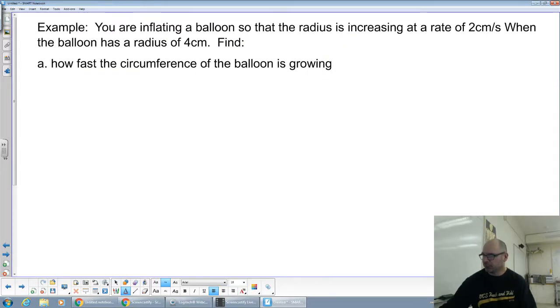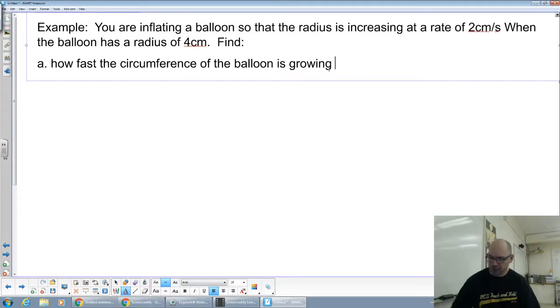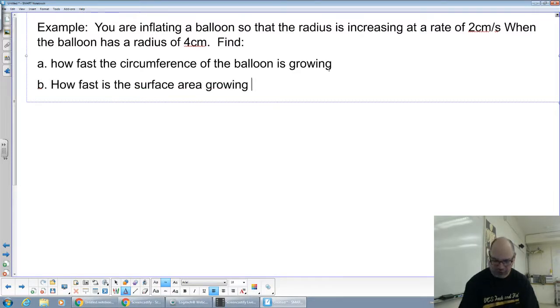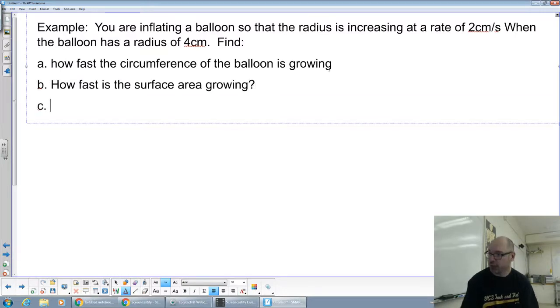Okay, how fast is the surface area growing? And the last one, how fast is the volume growing? So we'll do all three of those.